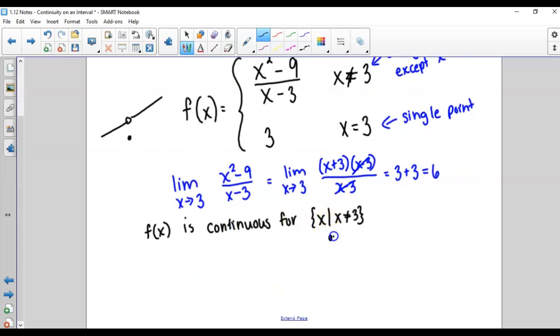Or, if you use interval notation, you could say it's continuous from negative infinity up to 3 and 3 to infinity. By using those parentheses right there, you exclude the 3.